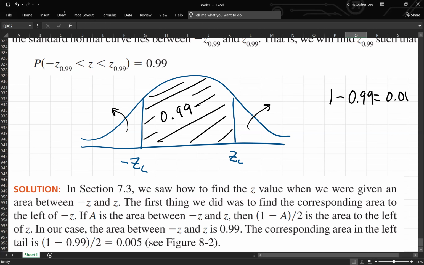Now that's 0.005, that's what this area over here is, and this one right here is 0.005. So it's easier to look up the negative Z critical, and then when you get that answer, just make it positive, and that's your positive Z critical.